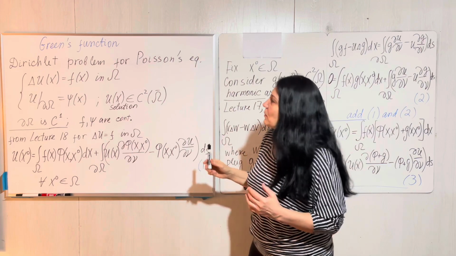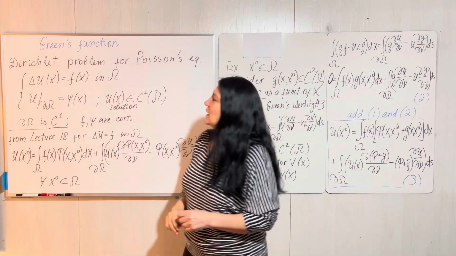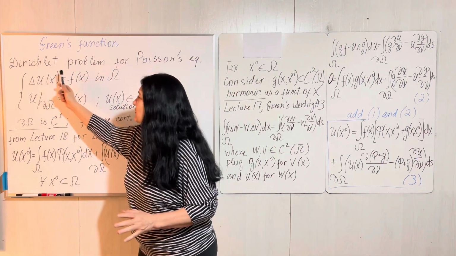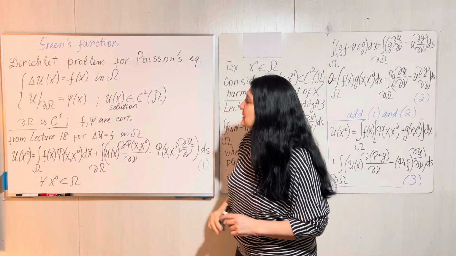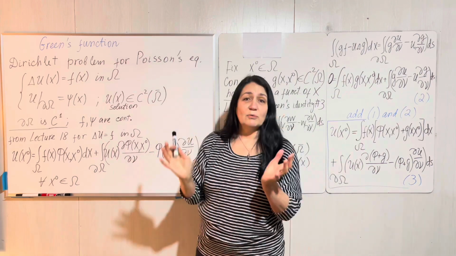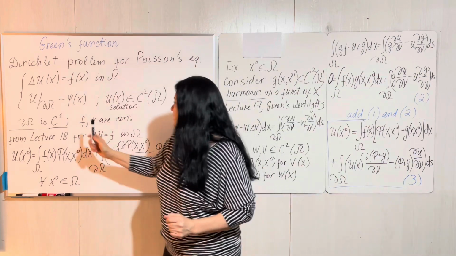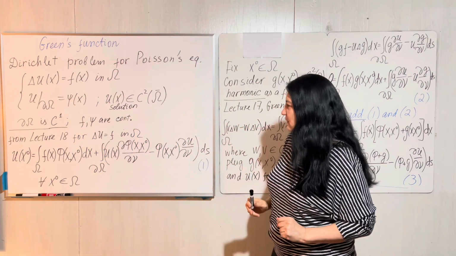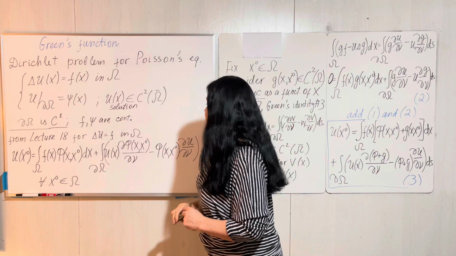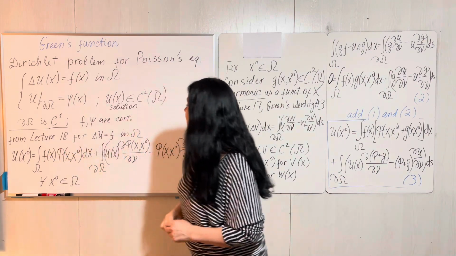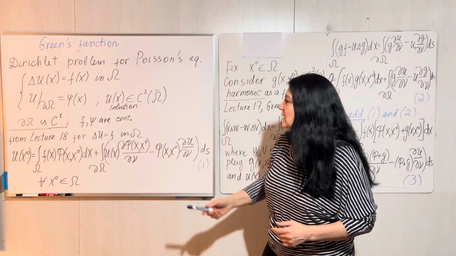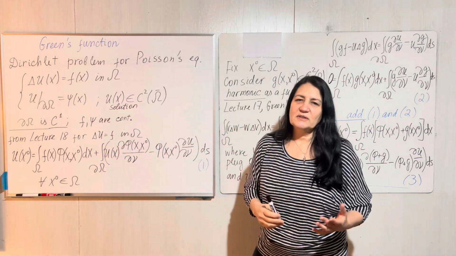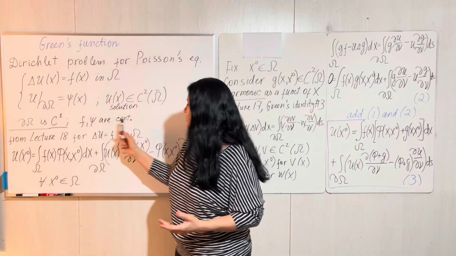Now, when we talk about the Green's function, let's first concentrate on the equation, specifically on the differential operator, and on the boundary. Psi is not important at the moment. In lecture 18, we derived the representation for solutions for harmonic functions and for Poisson's equation.